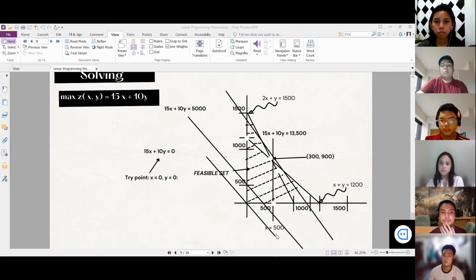A linear programming problem's optimal solution always lies on one of the corner points of the feasible region. That also gives the maximum value of z. By knowing the vertex corner points, we know that the optimal solution consists of the values of the decision variables and the maximum value of the objective function.